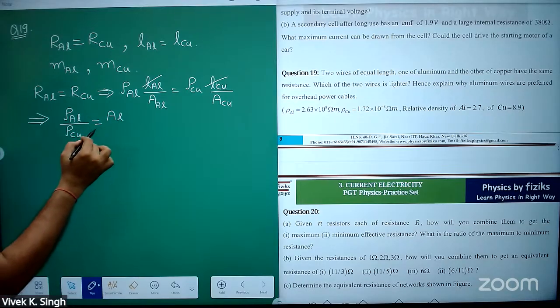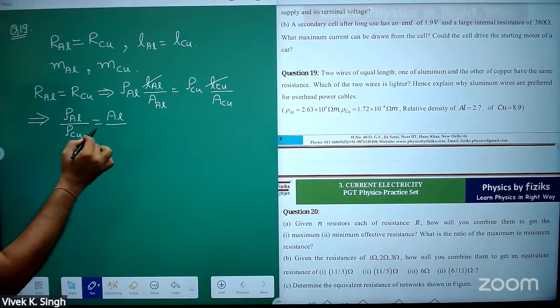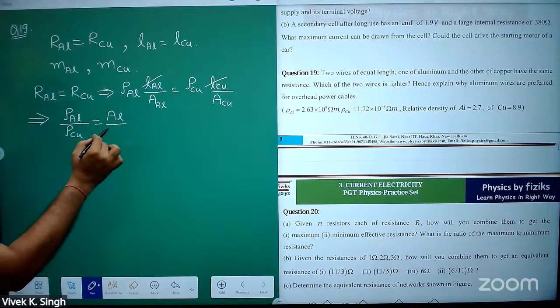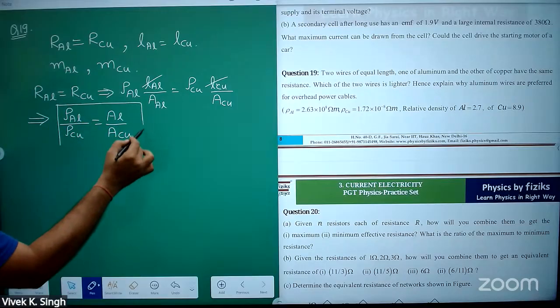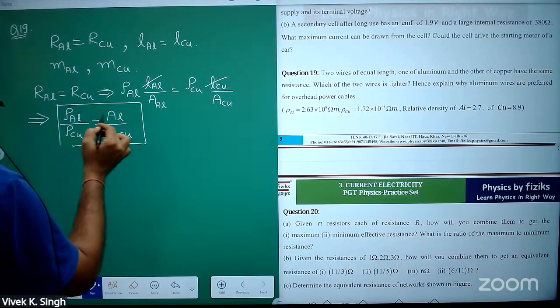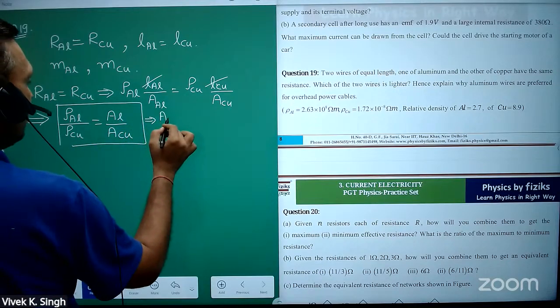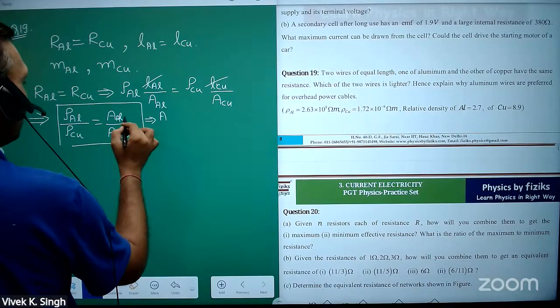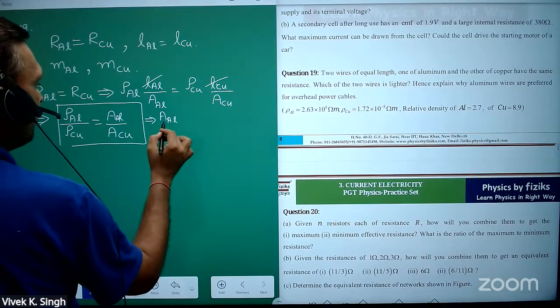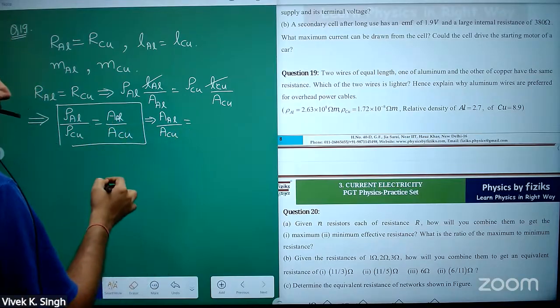This will be the relation, and because this value is given, cross-sectional area of aluminum by cross-sectional area of copper is rho Al by rho copper.